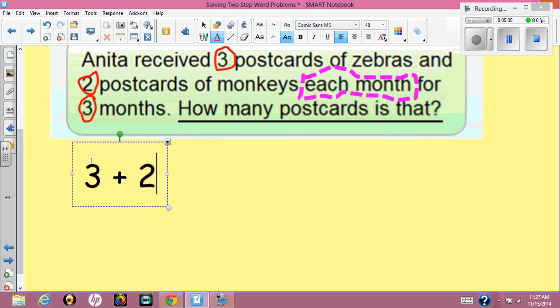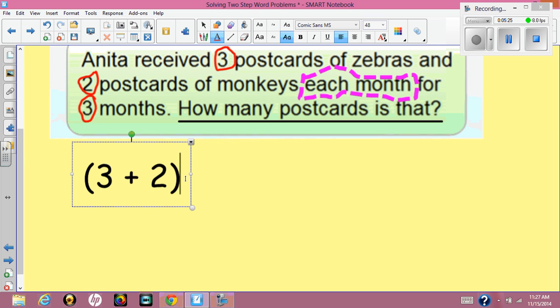Now, because we know the order of operations and we know that we need to begin with this part of our equation, we are going to put this expression in parentheses, because that way we know that this needs to come first.